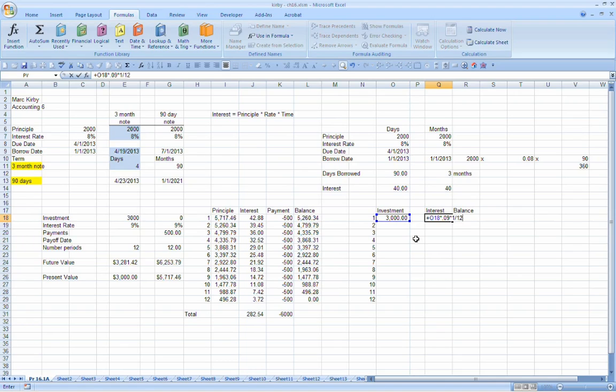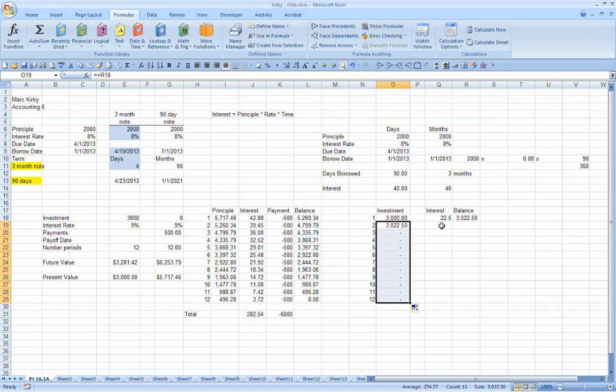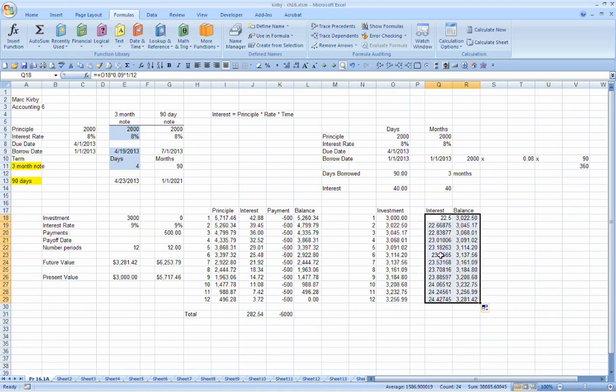Calculates my monthly interest, and this is for 12 months, right? So my balance goes up from $3,000 to $3,022.50. And my new balance becomes my beginning for this month becomes the ending for last month. And the interest is calculated off of $3,022.50, and so on.